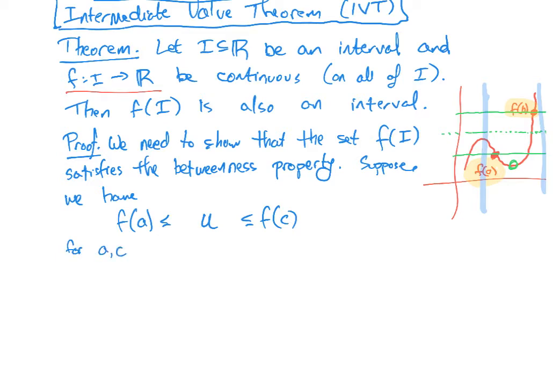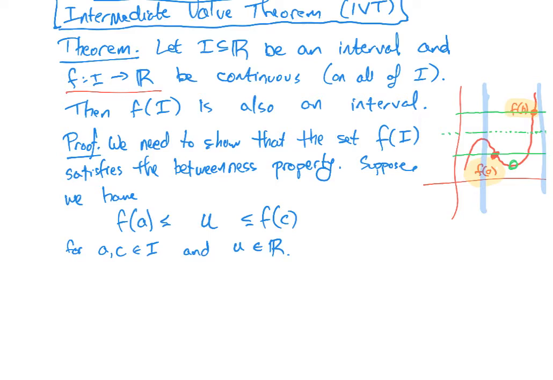And now our rules are that a and c have to be in the interval, and all u has to satisfy is that it has to be a real number.